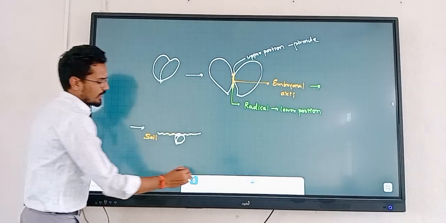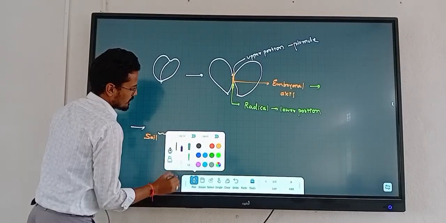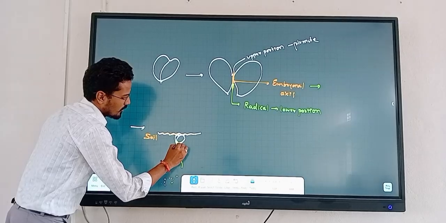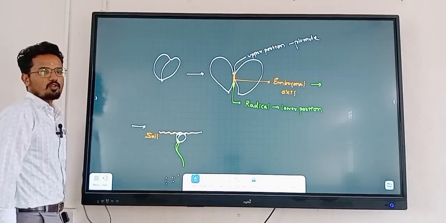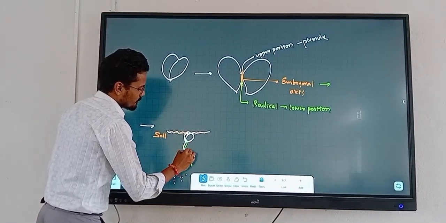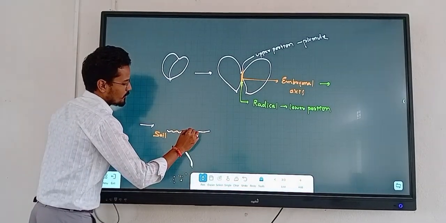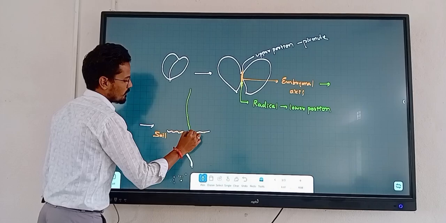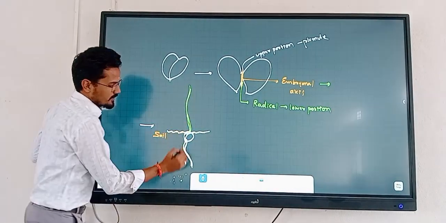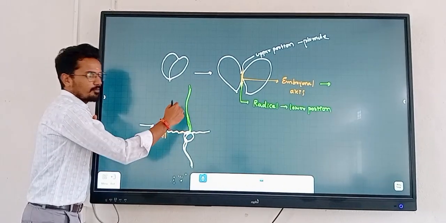The radicle of the seed germinates in the form of a root. The plumule germinates in the form of a shoot. This is the shoot system and this is the root system. The root system arises from the radicle, and the shoot system arises from the plumule.